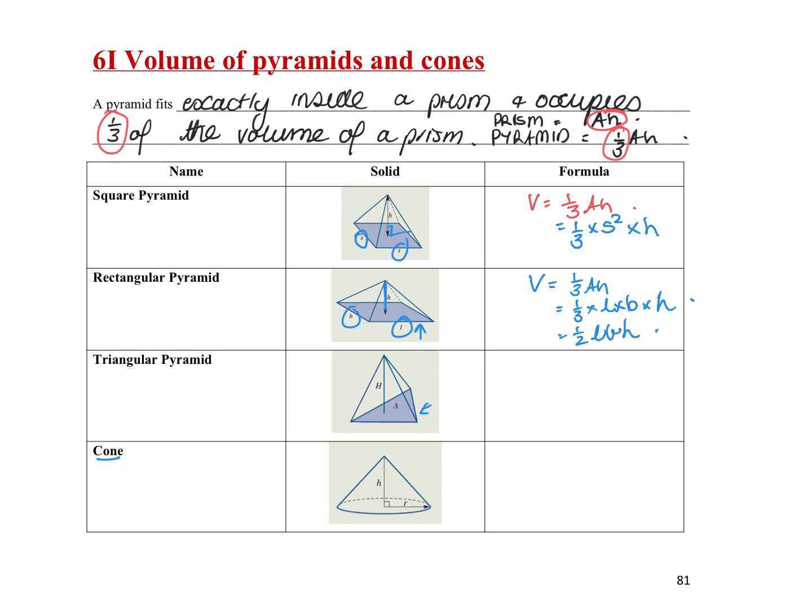So really it's just 1/3 LBH. Now for this triangle, you need to look at how you're going to find the area of the base. The area of a triangle is a half base times height. We've got 2 heights here, so we need to be a little bit careful.